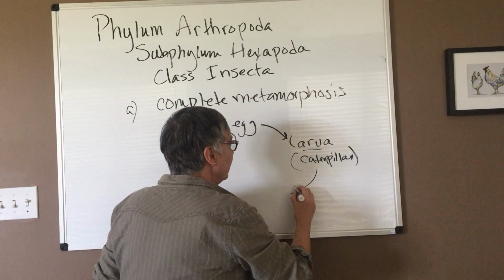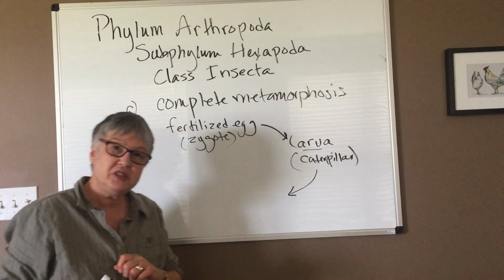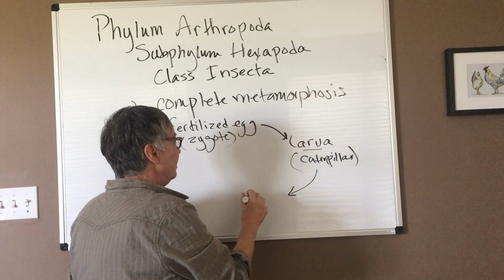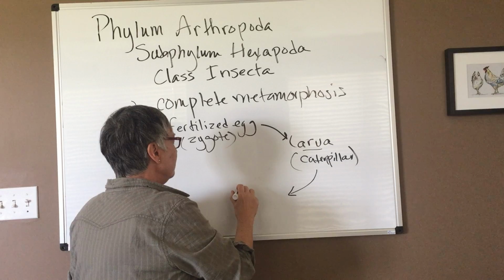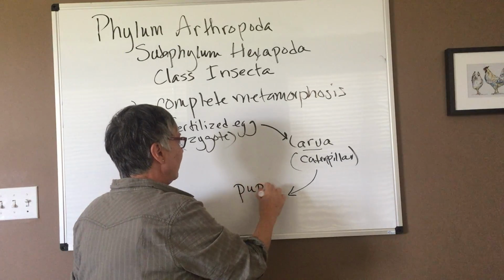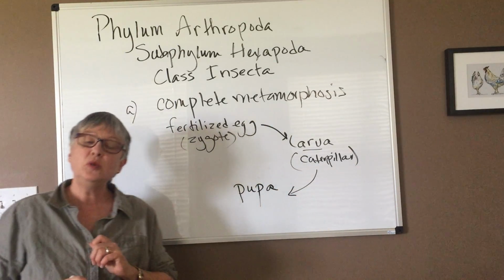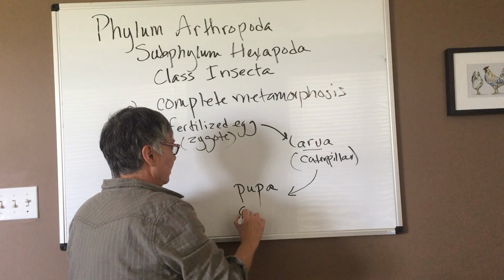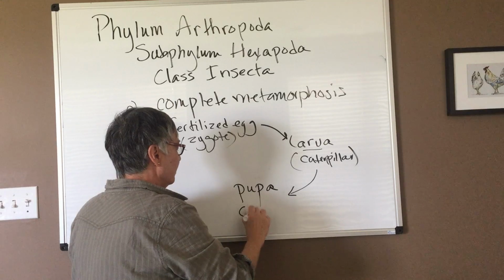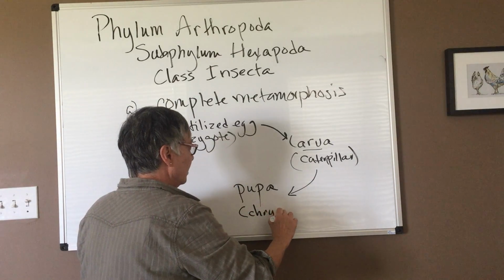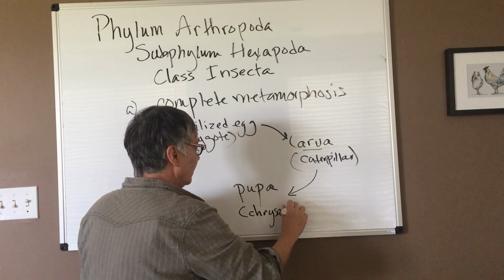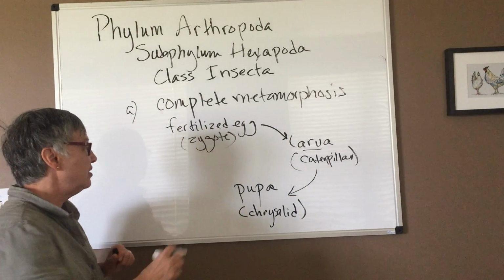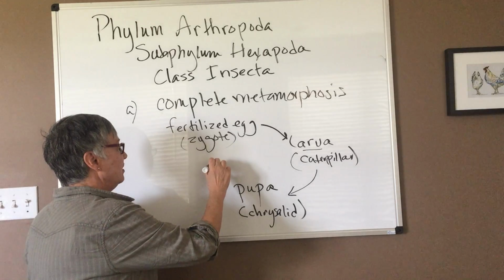The larva, at some point, once it reaches a certain size, will cease to feed, and it will go into an inactive phase that's called the pupa. And if we're looking at the butterfly life cycle, this would be what we call the chrysalis.